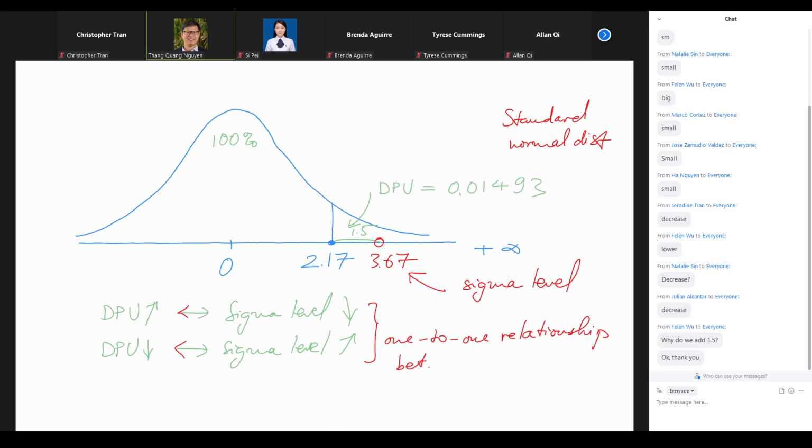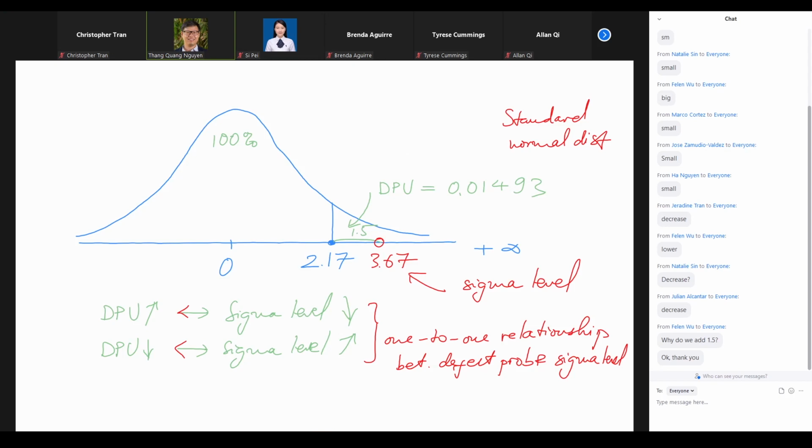Between the defect probability and the sigma level of the process, right? So instead of the defect probabilities, now we have another way to communicate how good our process is.